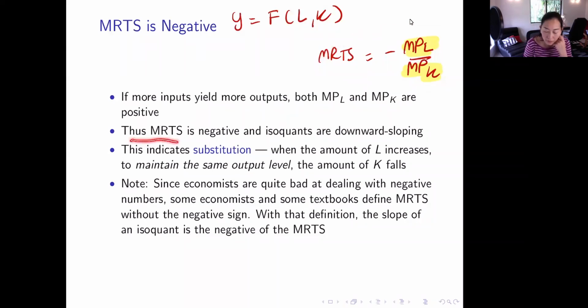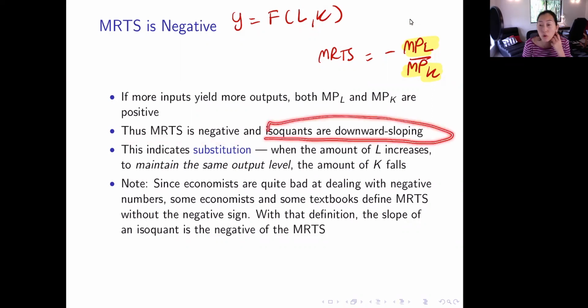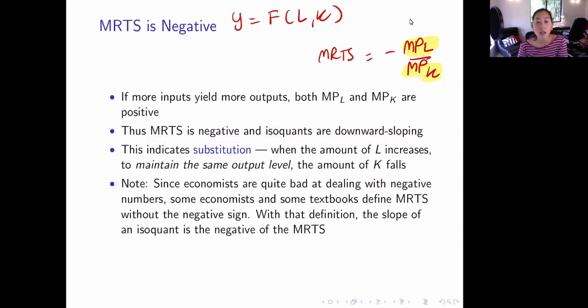And when we have negative MRTS, that implies that the isoquant must be downward sloping because of a negative slope or negative MRTS. And this indicates the substitution. When the amount of L increases, to maintain the same amount of output level, the amount of K has to fall.